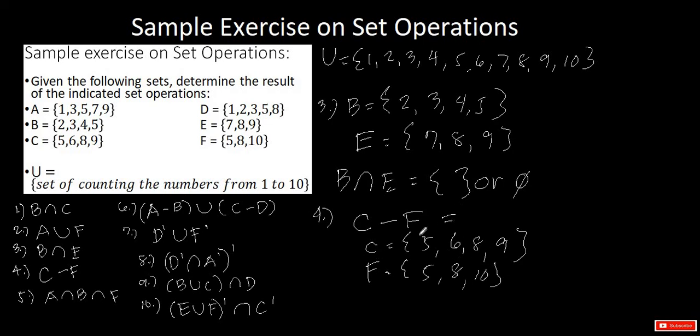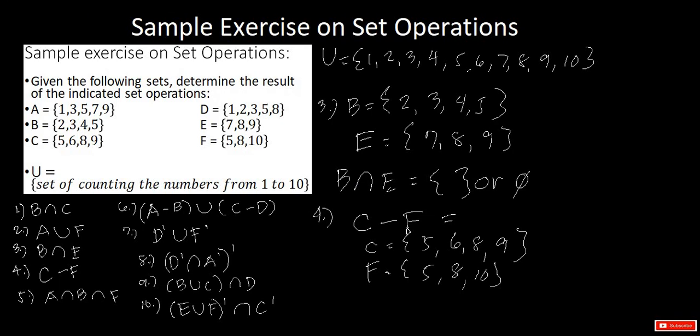Now C minus F. So the meaning of C minus F is to take away the elements of set F from set C so that the result are only the elements of set C but not F.